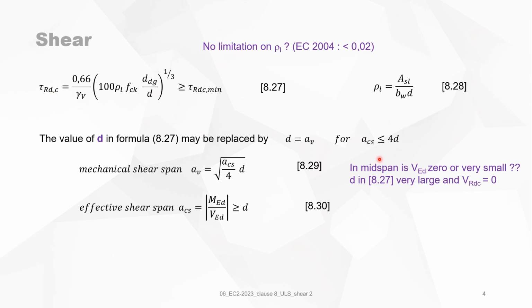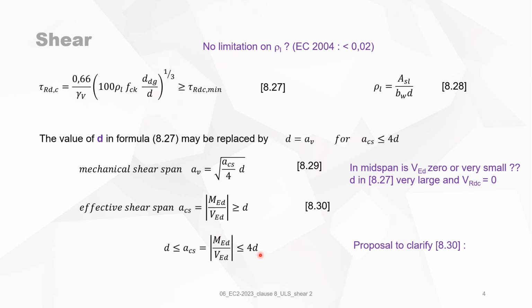This is why there is a limit on the effective shear span a_cs, which is 4d. But written like this, it's not so easy to understand immediately. So that's why I propose to clarify this formula 8.30 by replacing it by saying that the effective shear span must be situated between d and 4d.